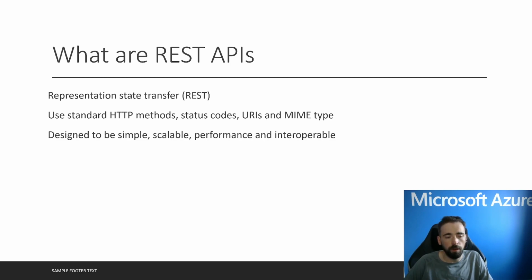If you go into the developer tools of a browser and connect to a website, you can see what status codes are being responded with and what methods are being called. And a REST API based on HTTP works in the same way.